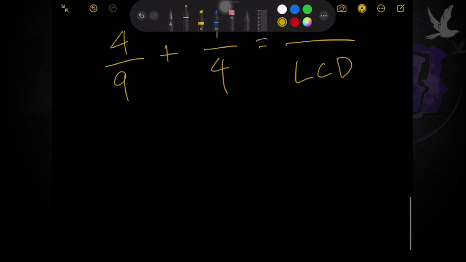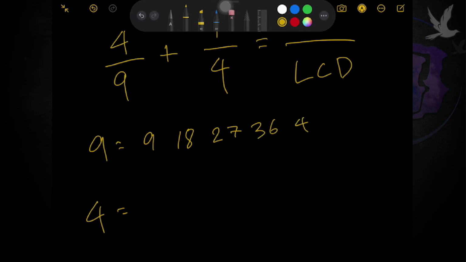Okay, our least common denominator, and by doing that, we need to get the first few multiples of 9 and 4. You have 9, you have 18, you have 27, you have 36, you have 45. For 4 naman, since 4 is a smaller number, try to stop na lang until you reach any of these numbers above, no?